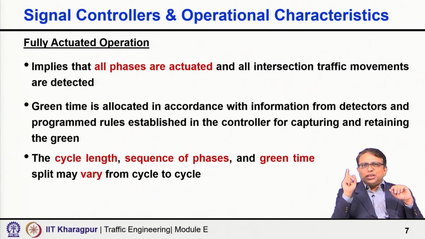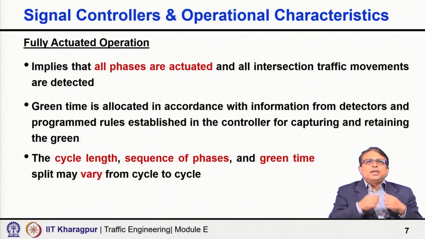Since we are measuring traffic from all approaches, all phases are actuated and all intersection traffic movements are detected. Then we can have better optimization. As per the real context, we are optimizing the signal setting, right. So, that is really good. Green time is allocated in accordance with information from the detector.